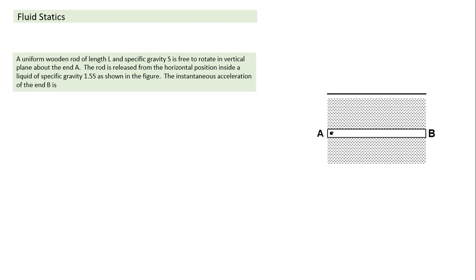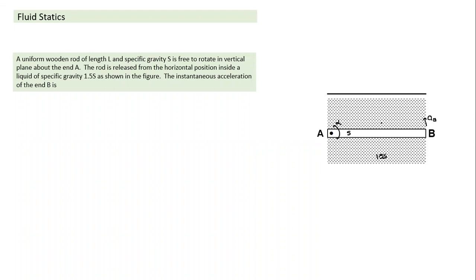So the axis of rotation is horizontal, and the rod is released from the horizontal position inside a liquid of specific gravity 1.5 S, as shown in the figure. The liquid has density 1.5 S, whereas the material of the rod has density S. As soon as it is released, what is the instantaneous acceleration of the rod? We can calculate alpha, or you can also ask for the acceleration of end B.